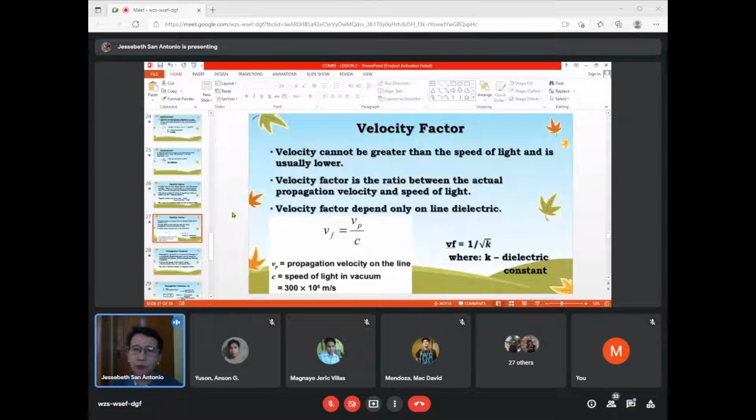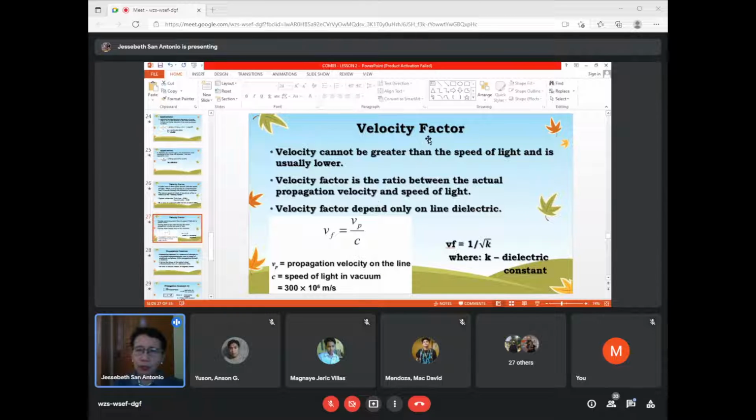The velocity factor cannot be greater than the speed of light. It is usually lower. So this is what I defined earlier. Velocity factor is the ratio of the actual propagation velocity of the signal and the speed of light. Here it is, this is the equation.